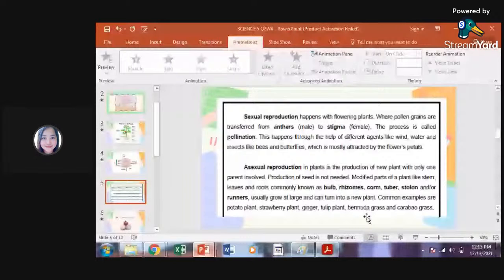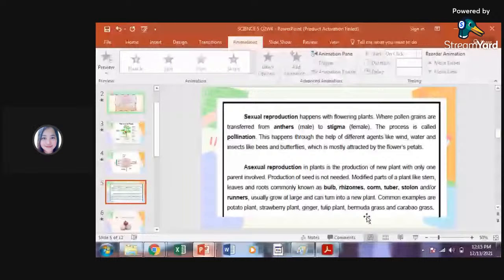And one example of a bulb is the onion. Some plants have modified stems or roots that are enlarged and serve as food storage. These parts grow underground and new plants can sprout from them. And bulb is just an example.